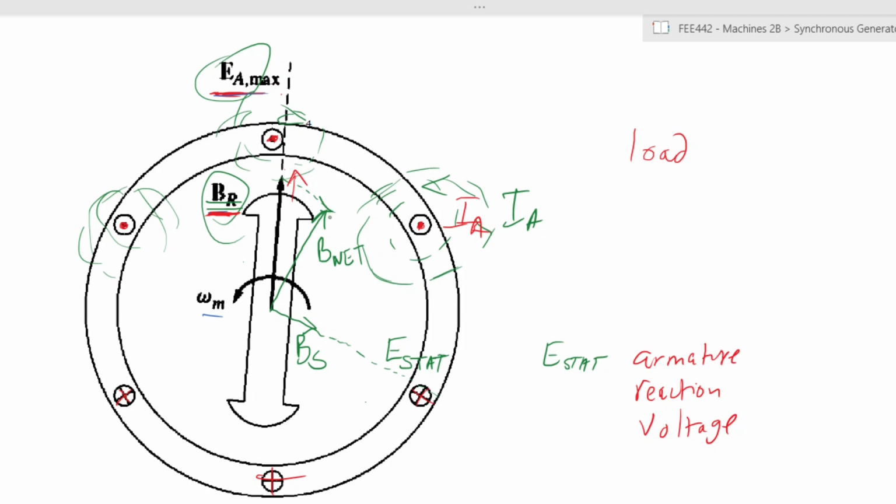And this B net comes with its own final voltage, which is V phi, which is the ultimate terminal voltage.